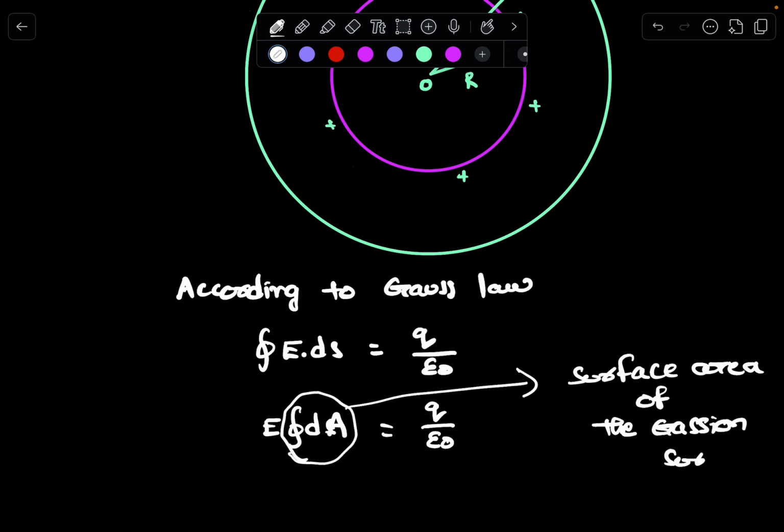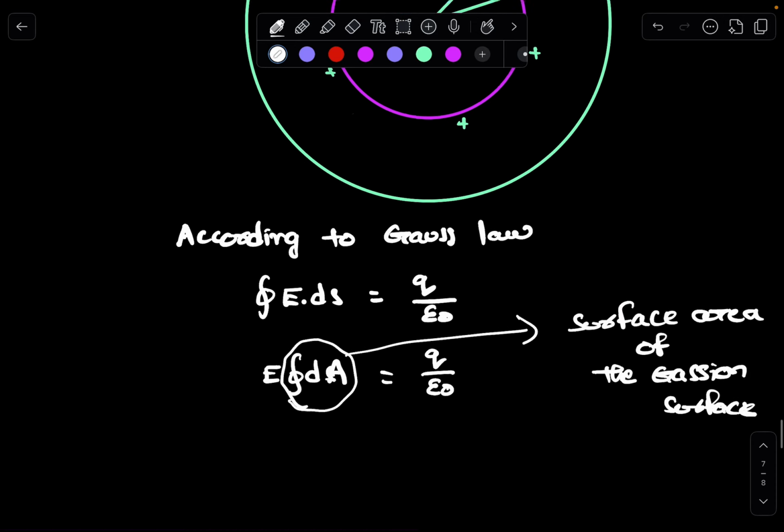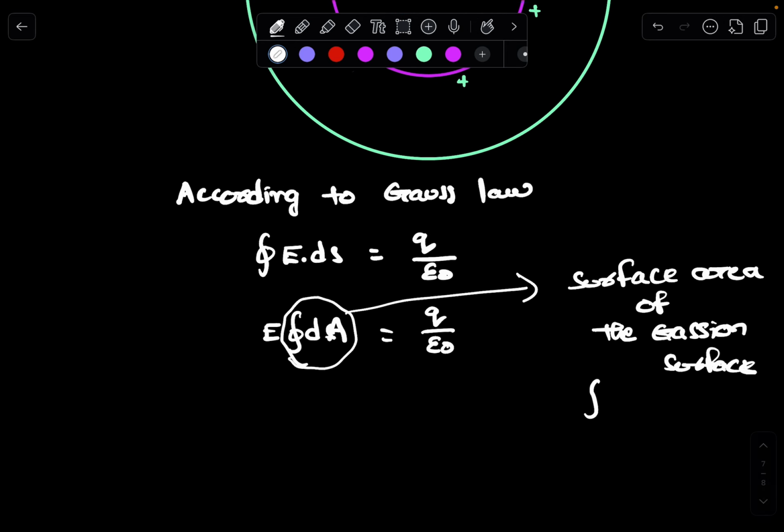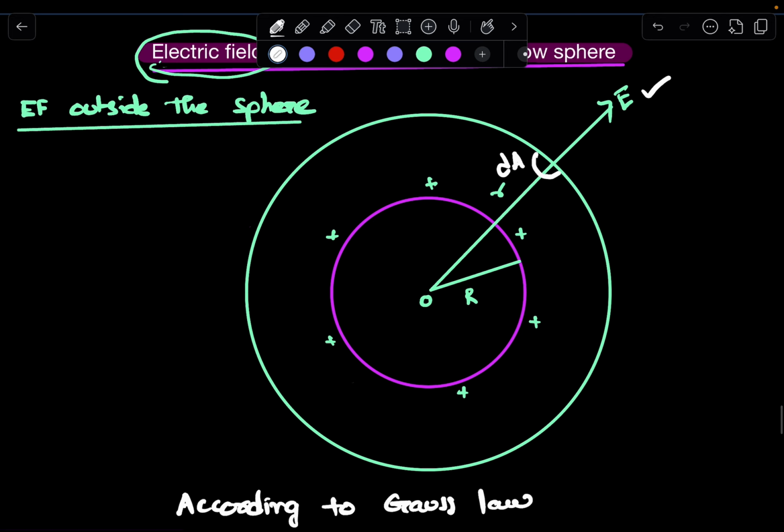Here the surface area of the Gaussian surface looks like a spherical shape, right? Therefore we can write integral dA as 4 pi r square. Why am I taking r smaller? Because the radius of the Gaussian surface will be smaller.